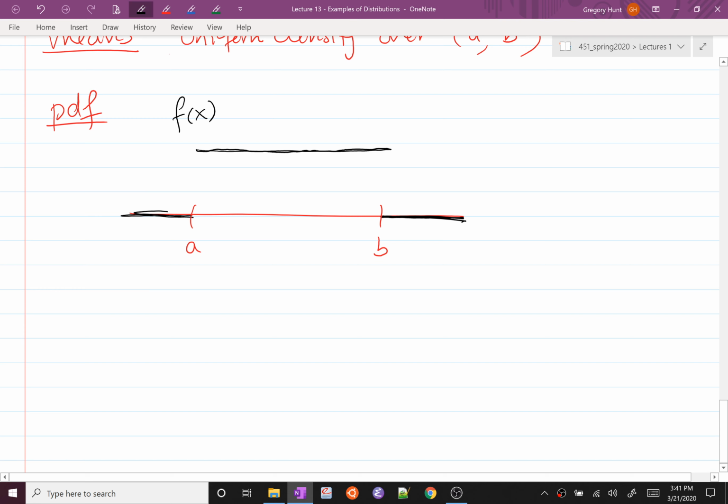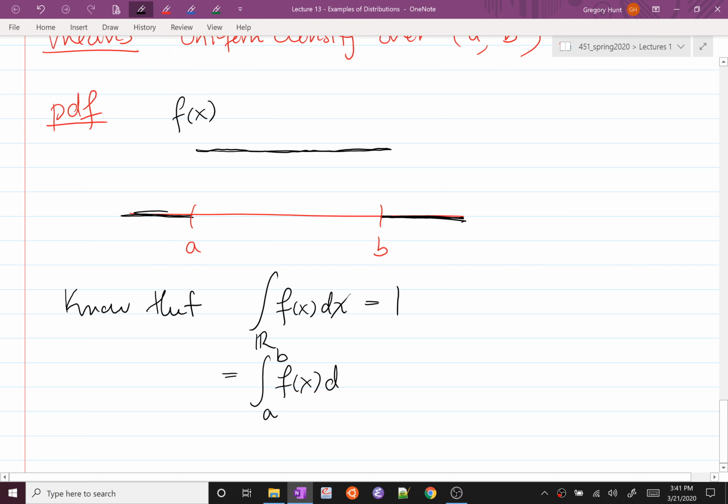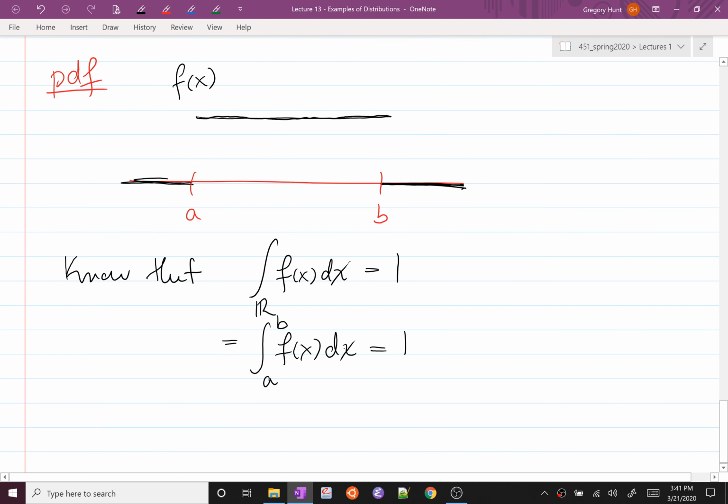We know that if I integrate my PDF over the support or the whole real line, I get 1. And in this case, the only thing in our support is a, b. So if I integrate f of x over a, b, I better get 1.